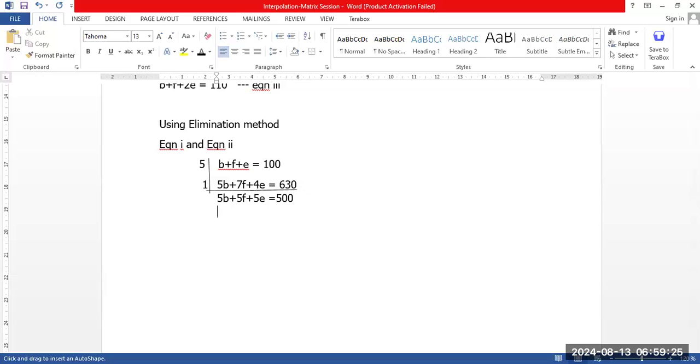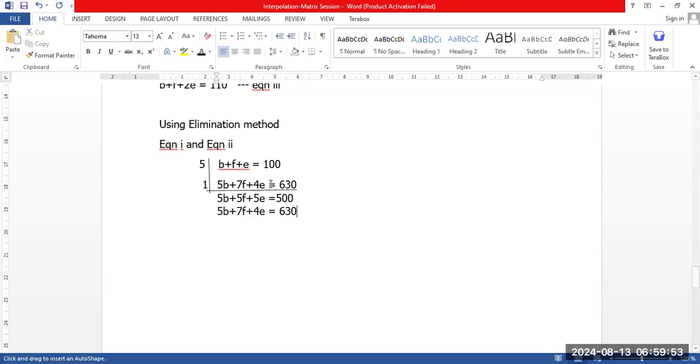Okay. Then the next, I get 1 times 5, that is 5B. Then I add 1 times 7F, that is 7F, then plus 4E, which will be equal to 630.